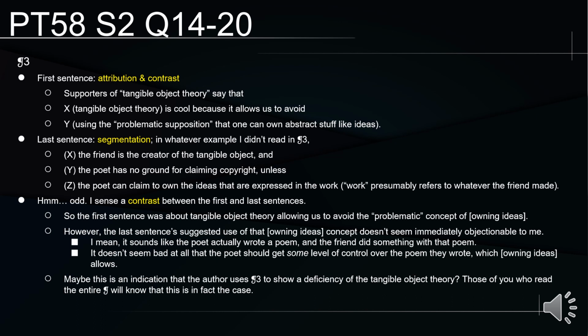It's just that somebody else physically made whatever it was that contains the poem. That doesn't seem like a bad idea to me compared to how bad that idea was presented as in the first sentence, and that was where I'm getting the contrast from. So yeah, and again, those of you who read the paragraph will know that that's in fact where the paragraph went. But I just want to show that you can get all that information from just the first and the last sentence if you are keyed into the idea of contrast.